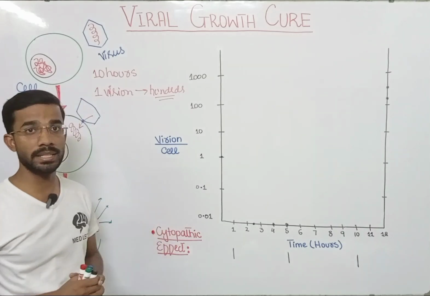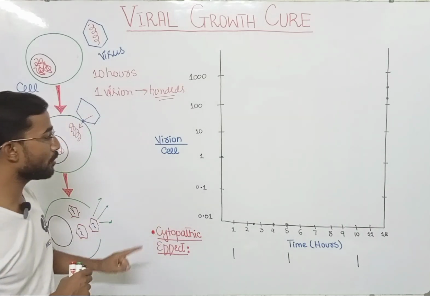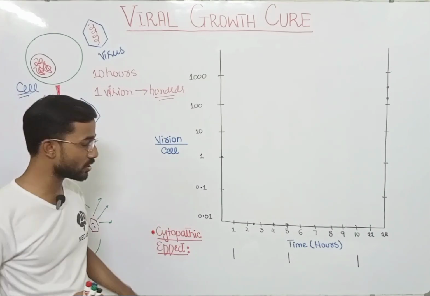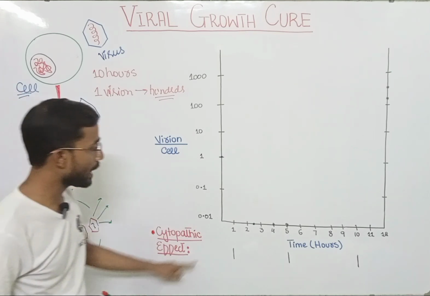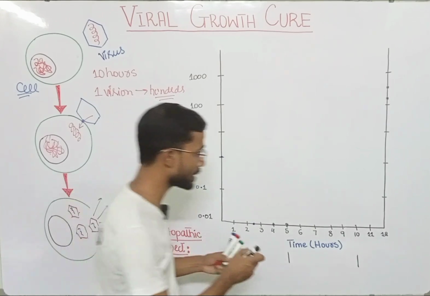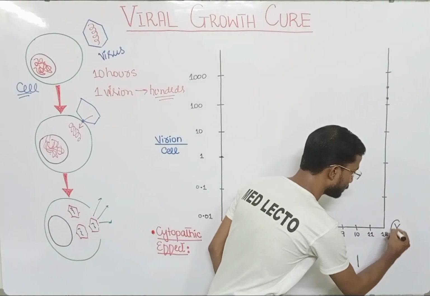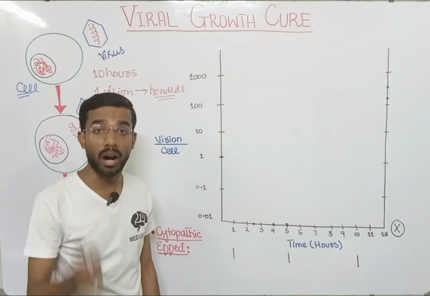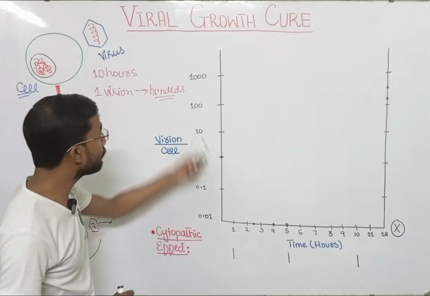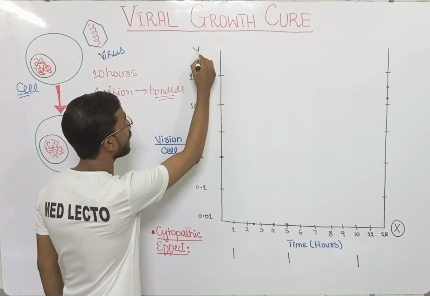Now if we discuss the curve, first of all we will see what is present on the x-axis and on the y-axis. This is the x-axis, and on the x-axis we take the time in hours.